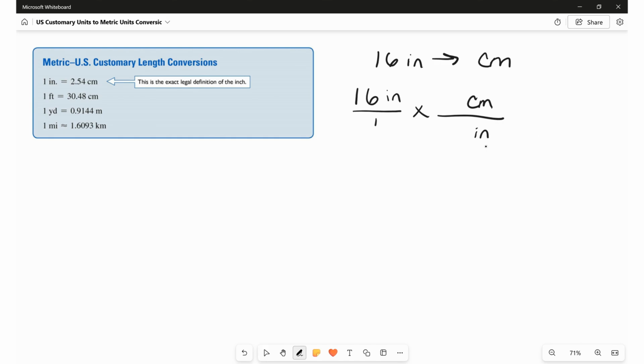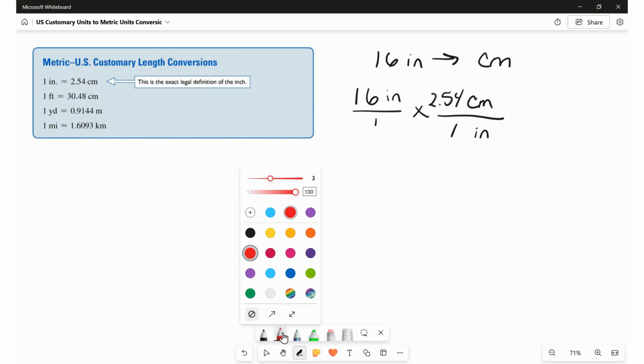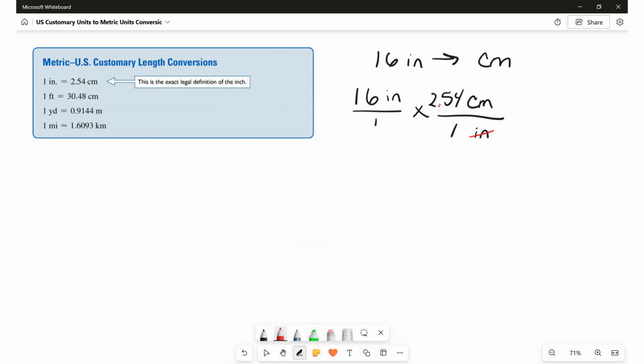From our chart, we know that there are 2.54 centimeters in 1 inch. From here, our inches cancel, and that leaves us with 40.6 centimeters.